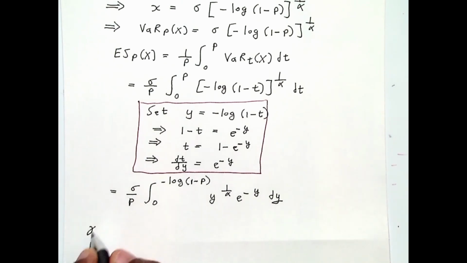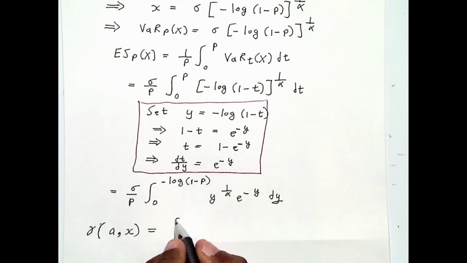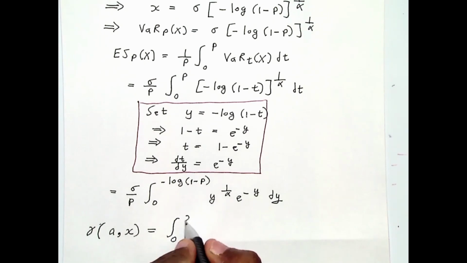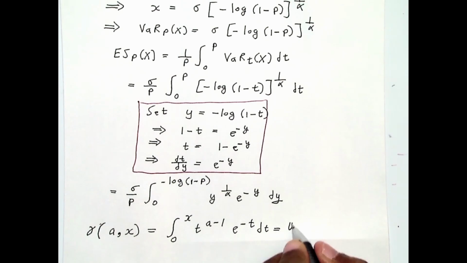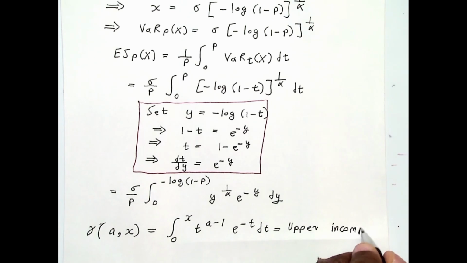It's denoted by little gamma, not capital gamma. This is the notation, and is defined by this. And this integral is known as the upper incomplete gamma function. You can guess why upper is used.